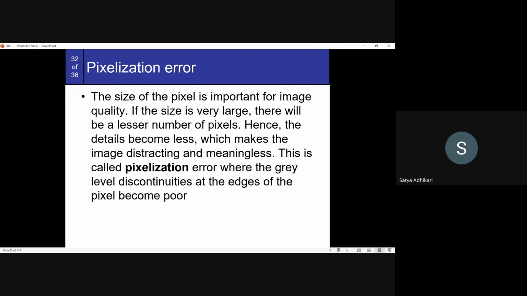It does not tell what is a large size or a small size. But it is written that if the size is large, there will be a lesser number of pixels. It is true, because the screen is fixed and if the pixel size is larger, it contains fewer pixels. If the pixel size is smaller, it contains a large number of pixels.